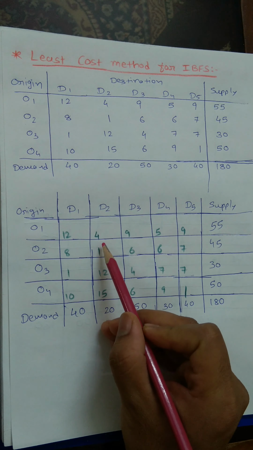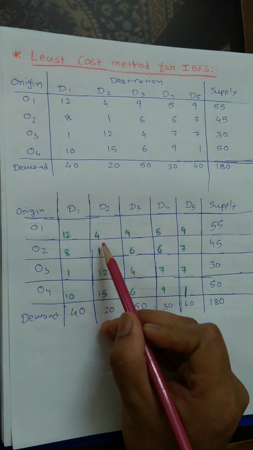Again the least cost is 1 and that is in the O2D2 cell. The allocation would be 20. So the D2 column will get eliminated and the remaining supply for the O2 row will be 45 minus 20, that is equal to 25.